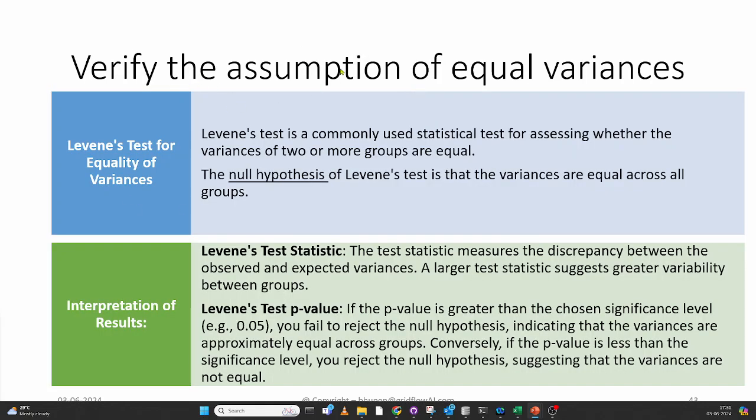Now, checking the homogeneity of variances, this can be checked by using another hypothesis test, which is Levene's test. This I'm also going to show you in the Python code, how you can use Levene's test to check for the similarity of the variances in the groups or samples. It is applicable to two sample t-test, not for one sample t-test.